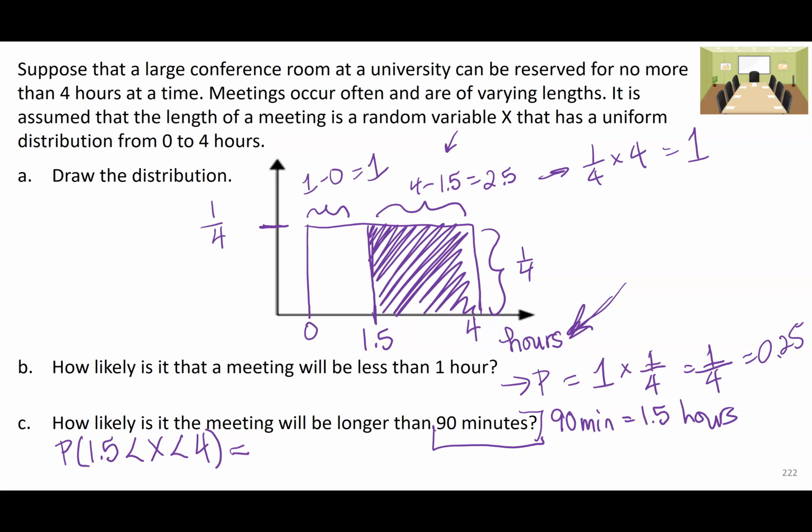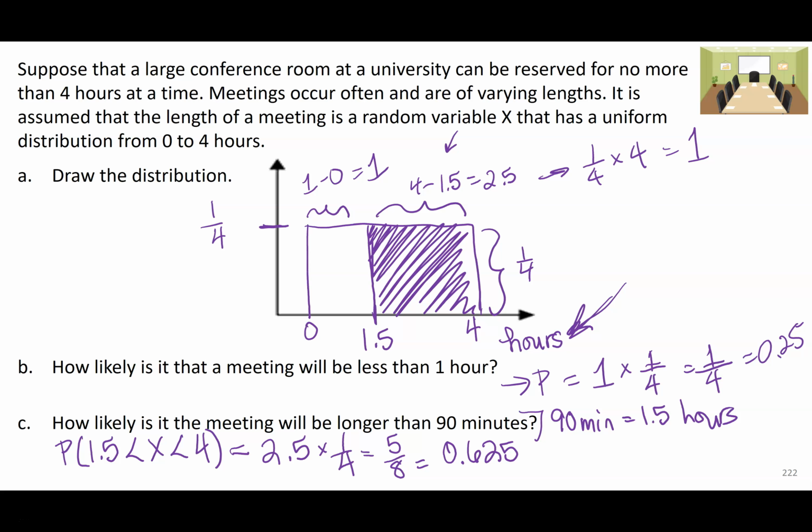So if I want the area of this rectangle, it's going to just be 2.5 times 1/4. So 5 halves times 1/4 is 5/8, which is 62.5% or 0.625.